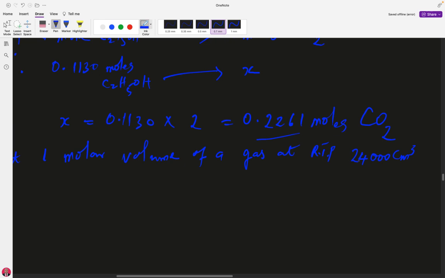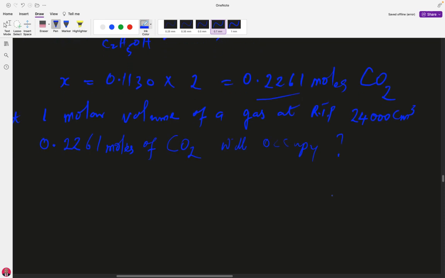Then the number of moles that are here will occupy what? The same simple proportion. 0.2261 moles of CO2 will occupy what? We don't know, so we have to multiply.